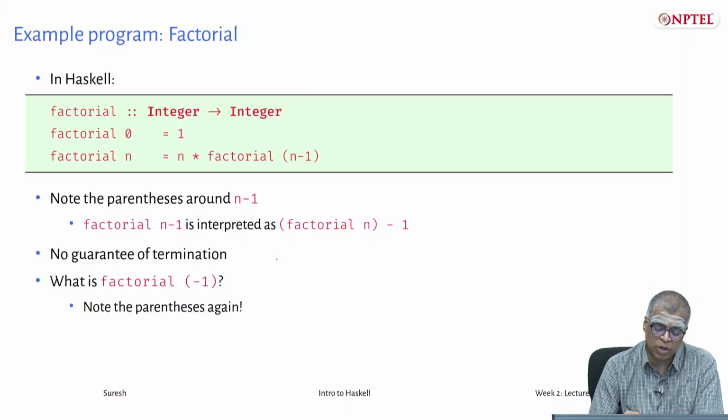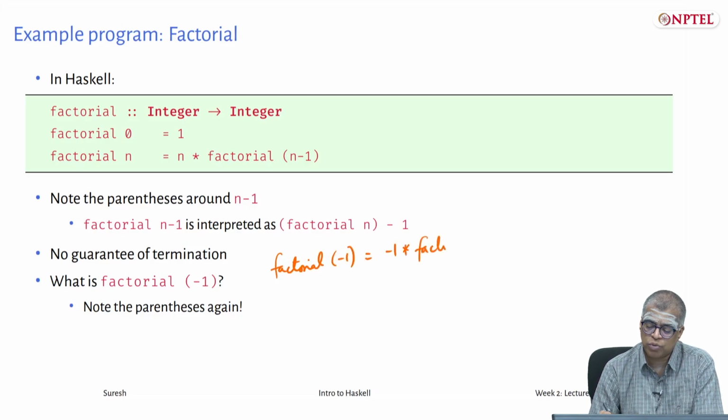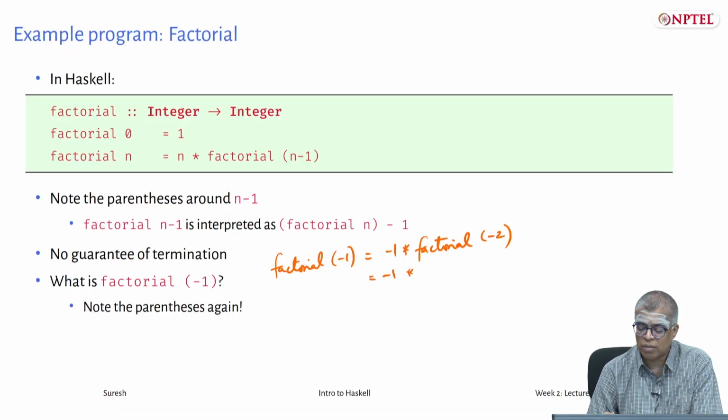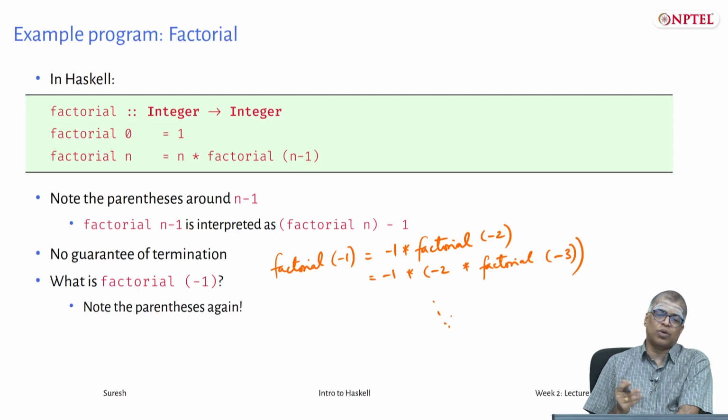Factorial minus 1 equals minus 1 times factorial minus 2, this is equal to minus 1 times minus 2 times, and it goes on like this, okay, without end.